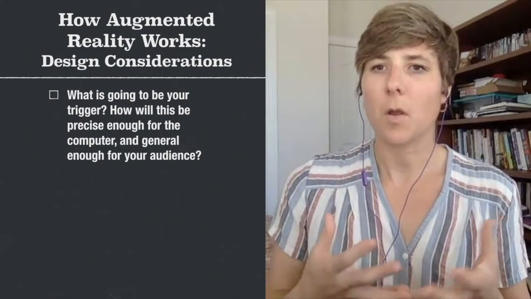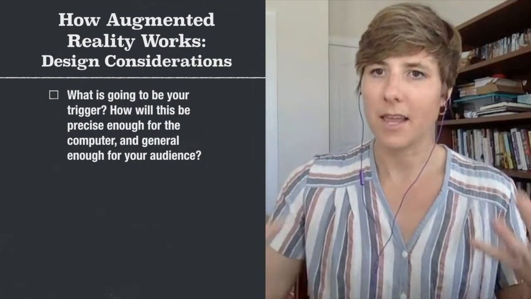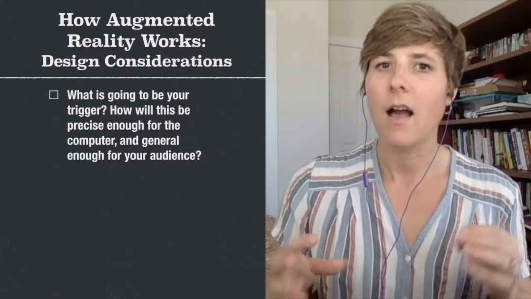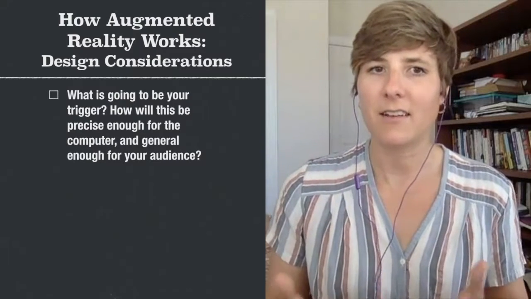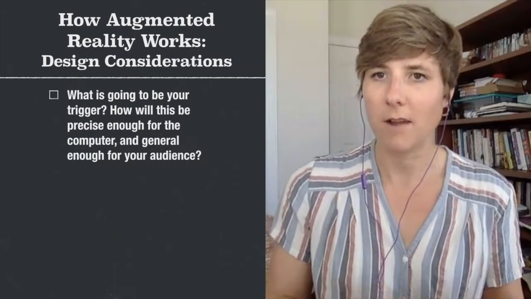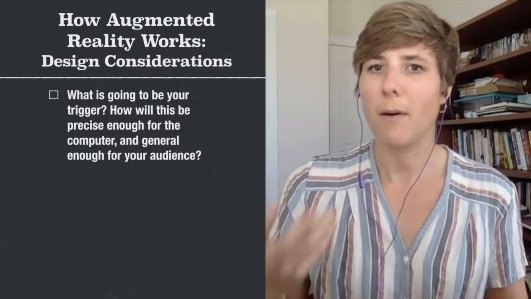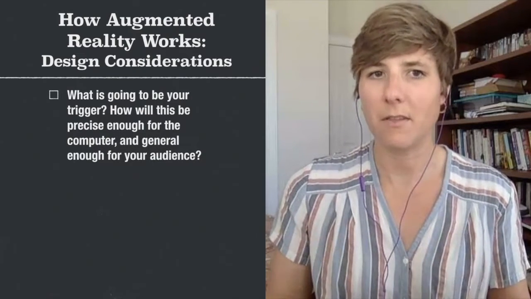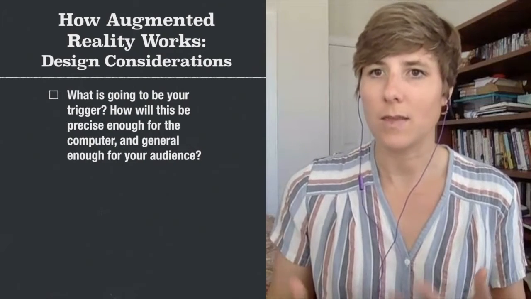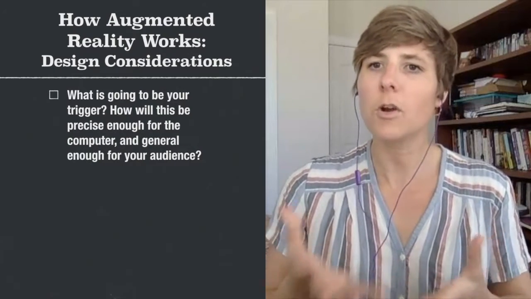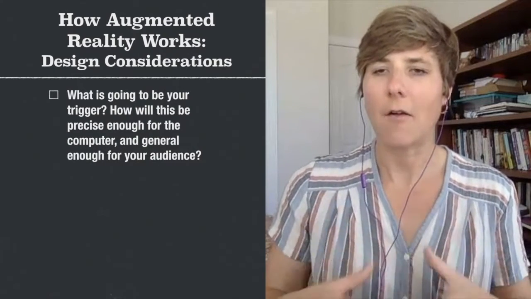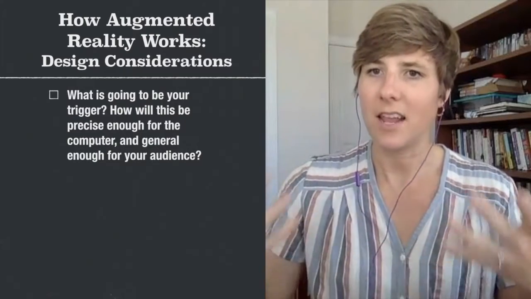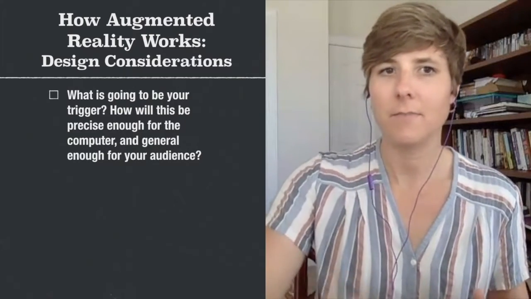Or if you're working on something that's going to be more publicly spread out, like the Instagram filter or a New York Times story, how are you going to balance the technology's need for precision, to understand the trigger, with the public's need for generalizability, or this flexibility, so that a wide range of people can enjoy the experience? So what are you going to use for your trigger, and how are you going to design within what that trigger means in the real world and for your audiences?